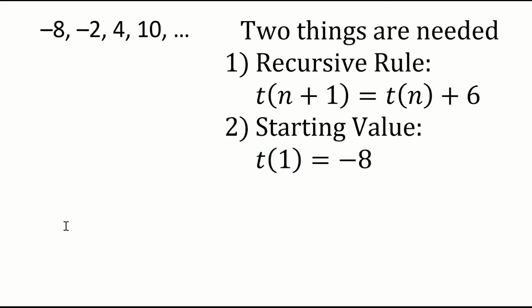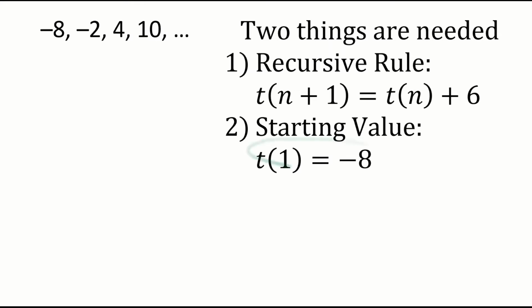So if we have both of these together, where we are beginning, and also how do we move forward, we have enough information to write down the sequence. So we now have everything that we need in order to define this sequence recursively.